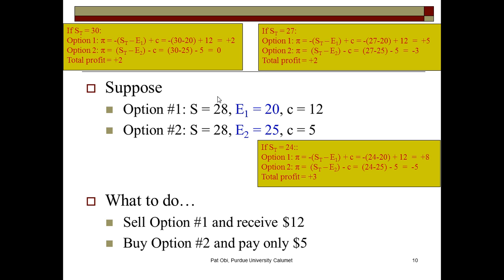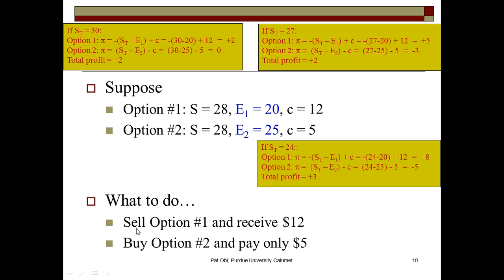For example, let's say that at expiration the stock ends up at $30. Now what you would want to do, as we note here, is sell option number 1. If you sell option number 1, you receive $12, and then you buy option number 2, in which case you'd pay only $5.